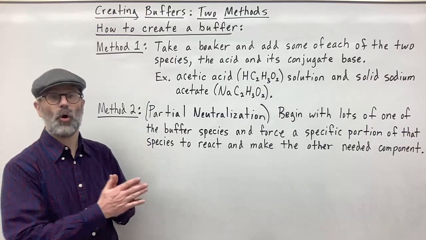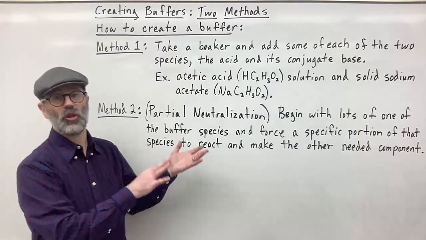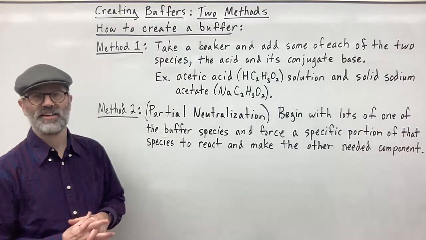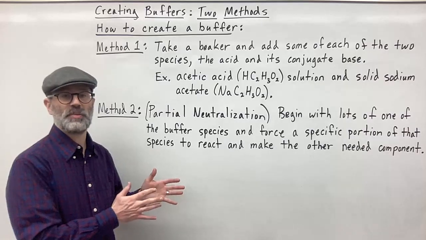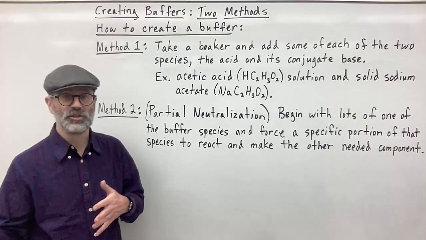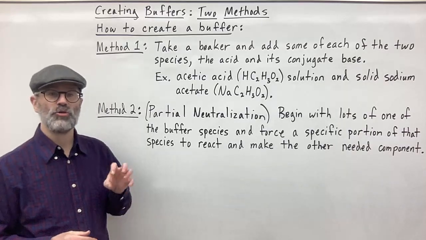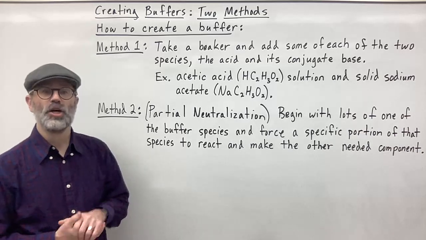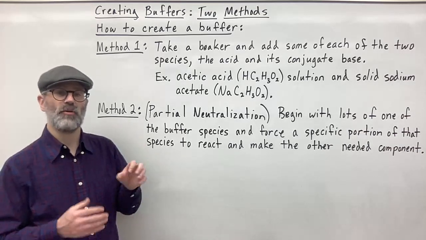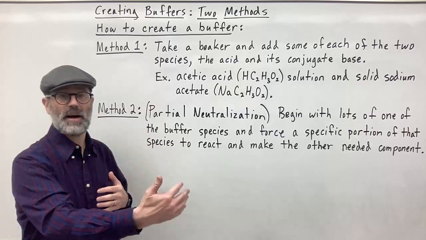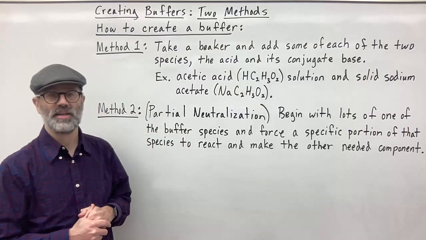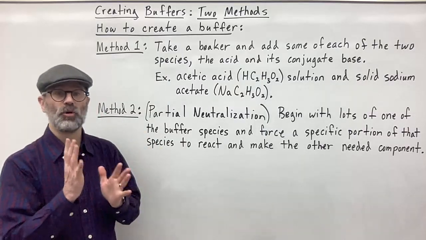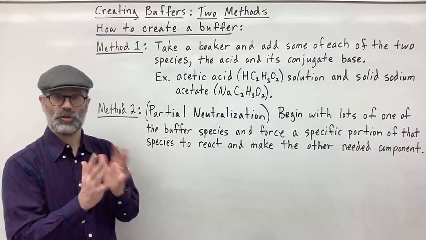You don't want to react the whole thing, because then you just go all the way to the other side, right? So you'll have one species to begin with, and then you'll just have most of the other species to end with. So you target a specific amount to react, so that way you're creating a specific amount of the other species, in order to have equal amounts of both.